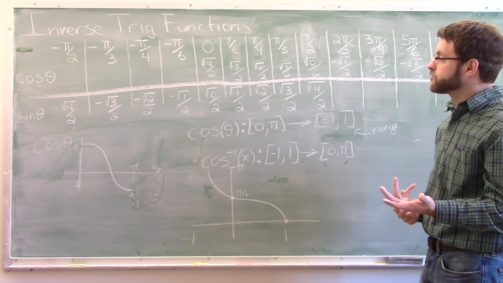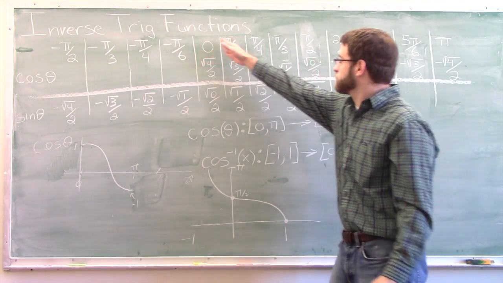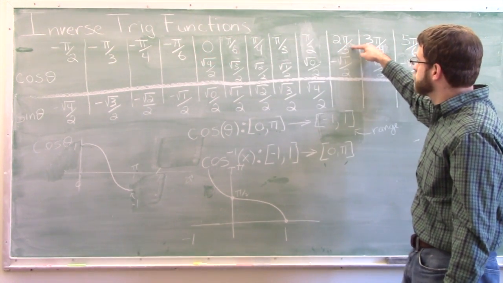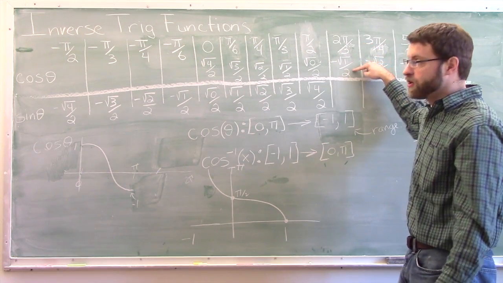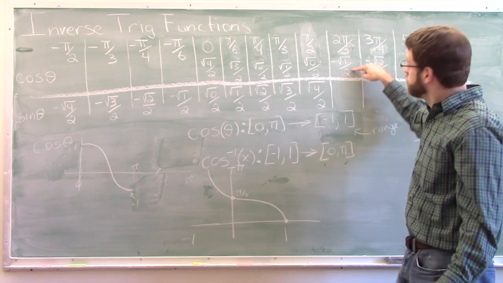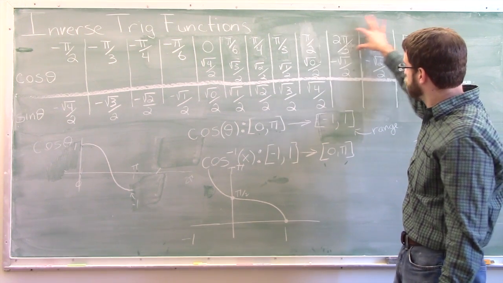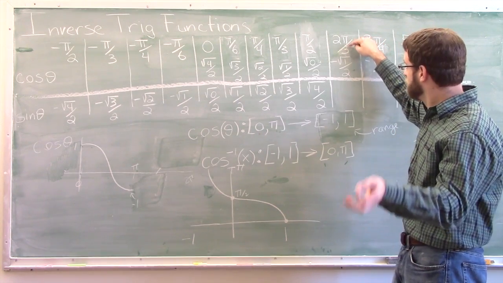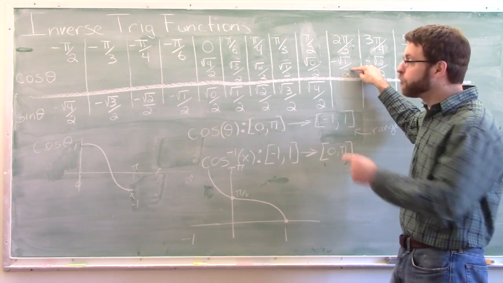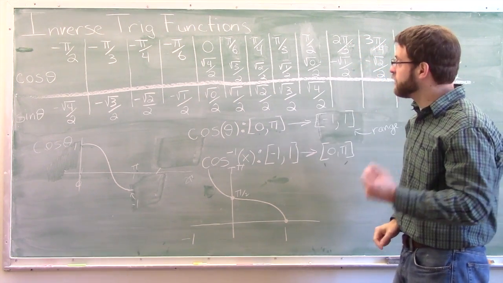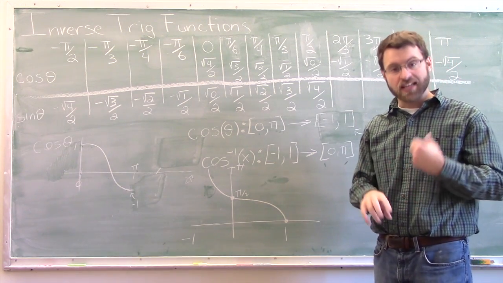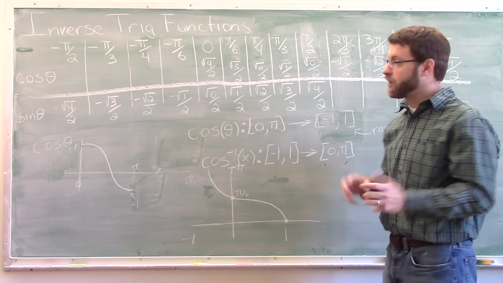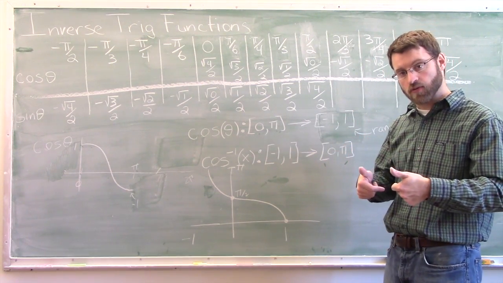I look at this first row until I find 2/3 pi, and then I read off the value of cosine. So this first row gives me the inputs, and the row below that gives me the output for cosine. If I want to know the value of an inverse cosine, I can use the table in reverse.